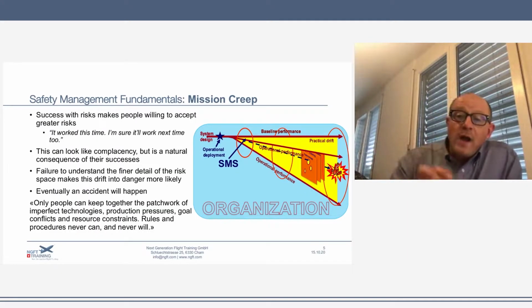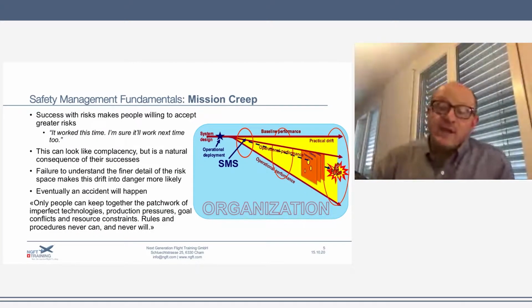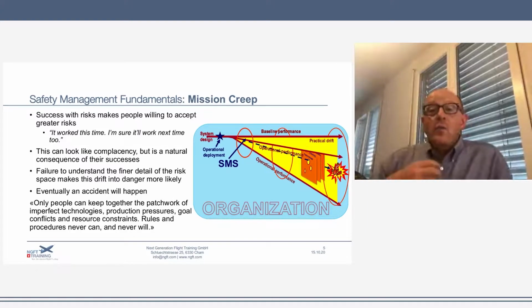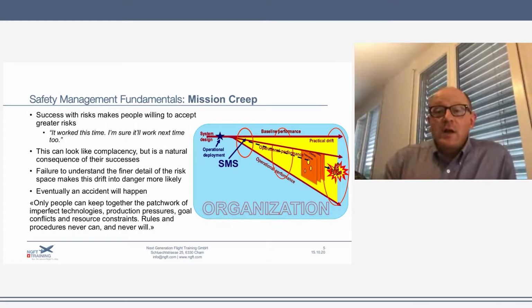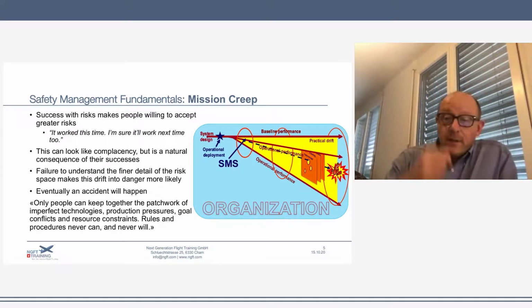So this is why we have this in place. Now, when we start out with an operation, we define the operation as it should be. And that means we have a baseline performance, meaning that, well, every time I prepare a flight, I will do A, B, C, and D, and to a certain level of detail.